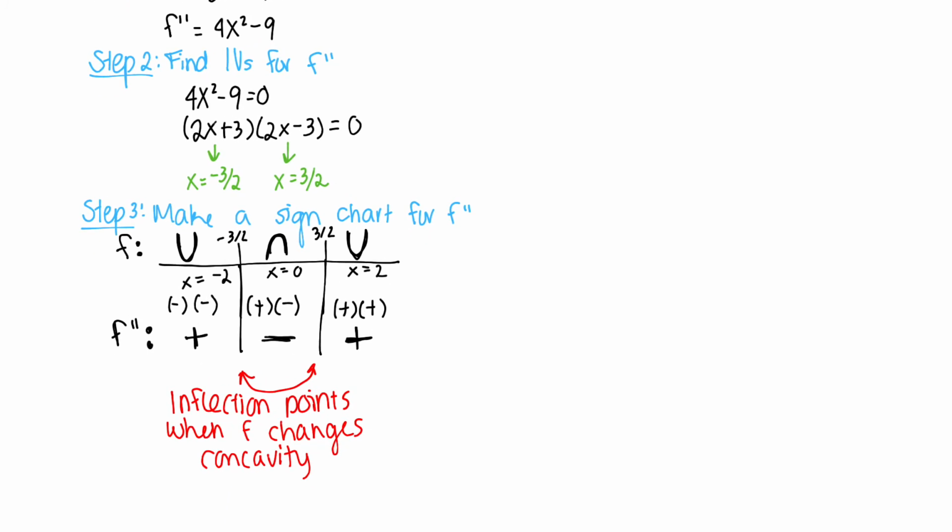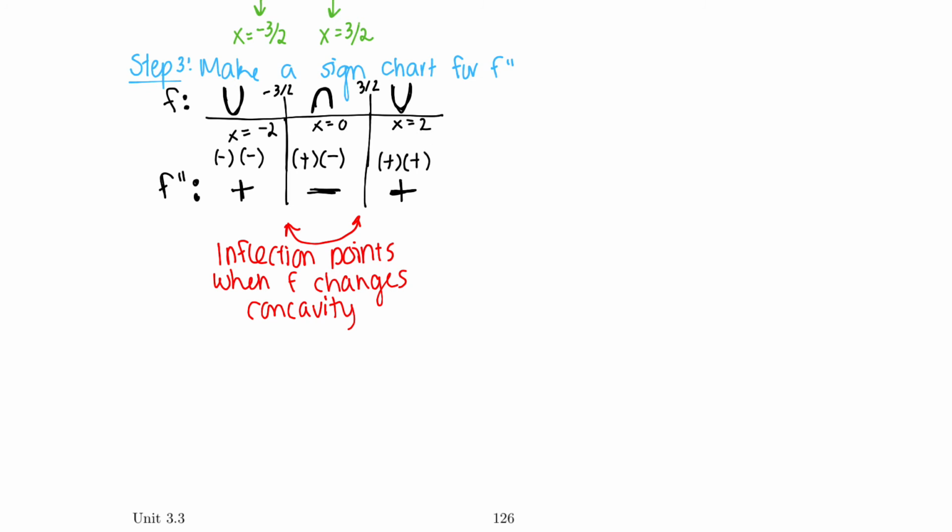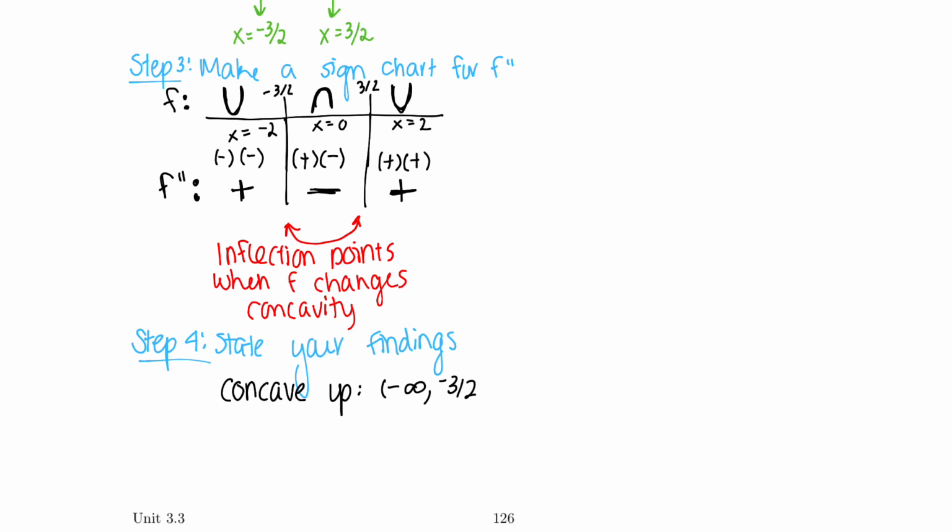Anyway, dogs. So the last step here is to state your findings. In our case, we are concave up on negative infinity to negative 3/2, and also on 3/2 to infinity.